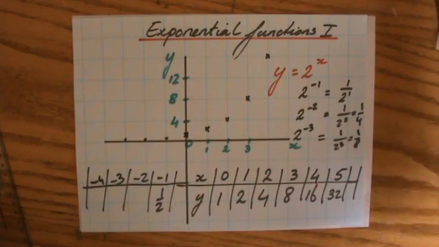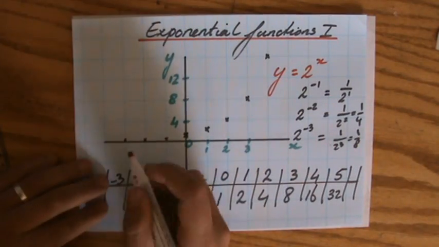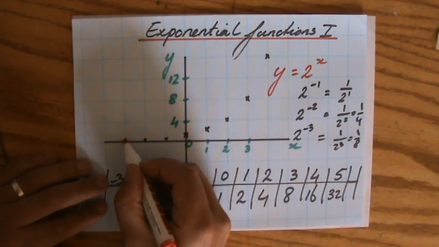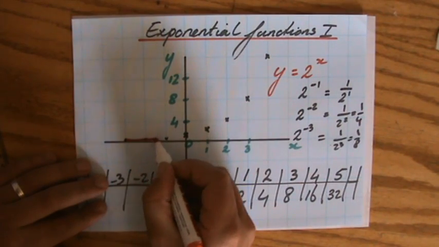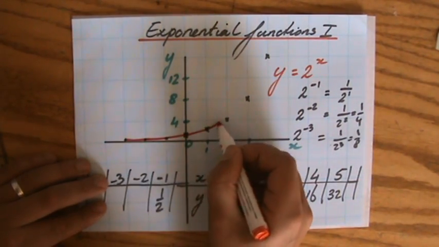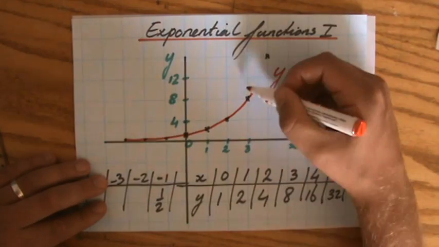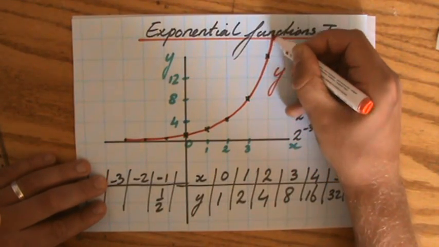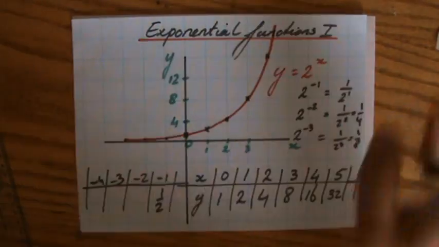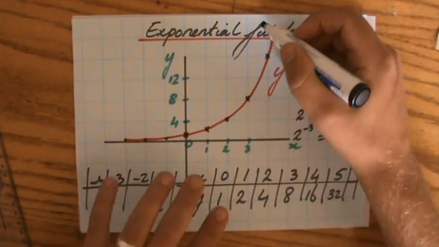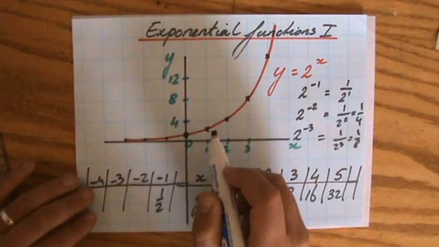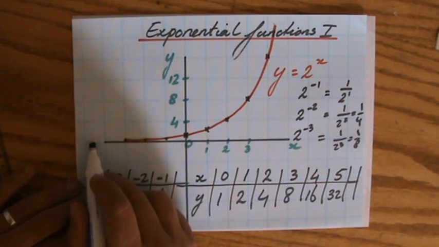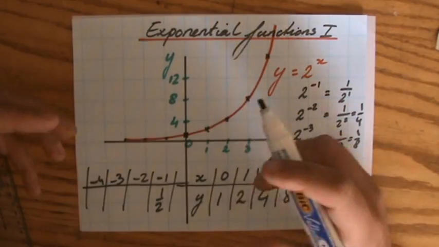So if I now draw it, and I'm going to attempt to draw it because with these thick markers, it's not the easiest job. Alright, there we go. That is my exponential function, where in this case it is approaching the x-axis, but it will never reach the x-axis.